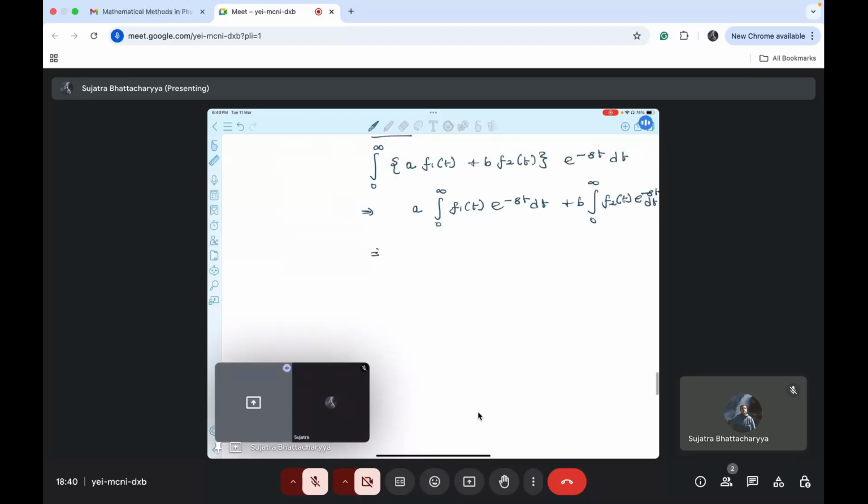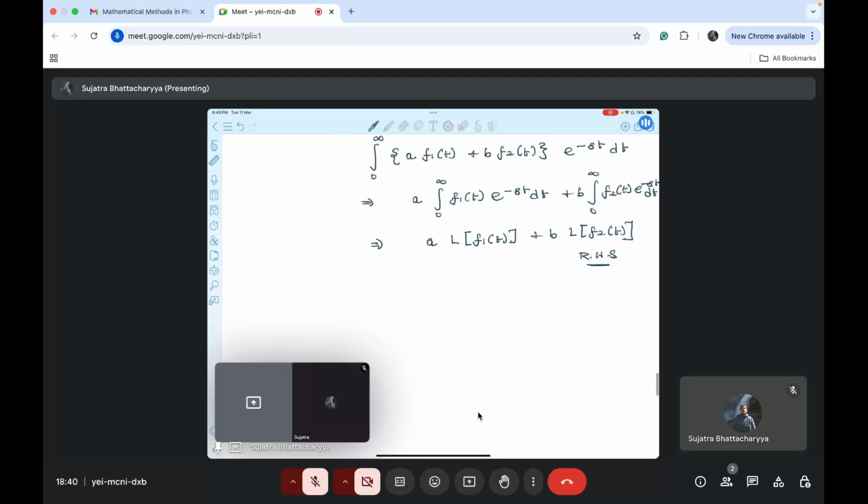And this is nothing but a into Laplace transform of f1 of t plus b into Laplace transform of f2 of t. So this is what your RHS is. This is the first property of the Laplace transform.